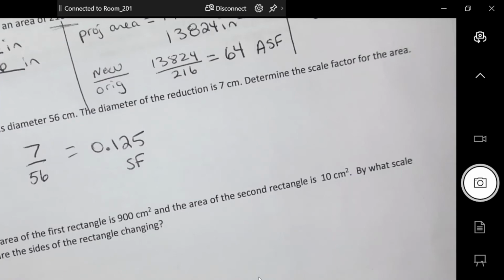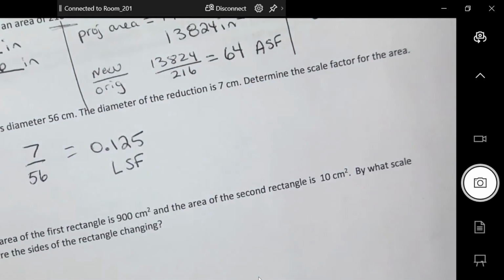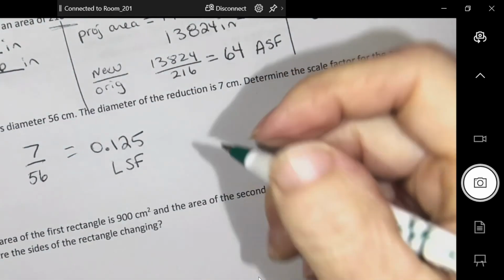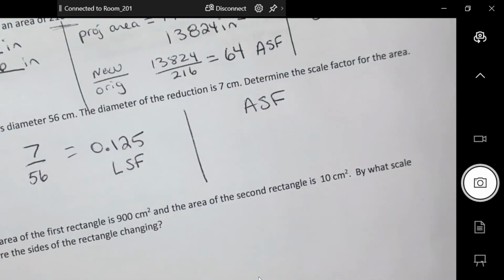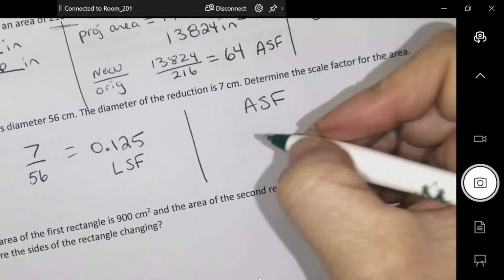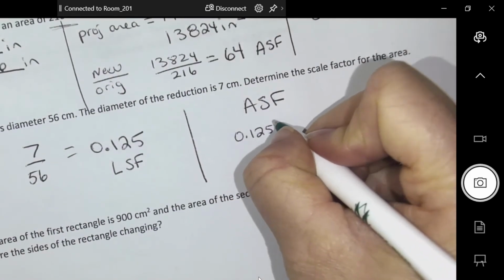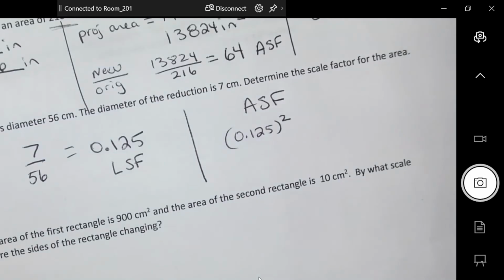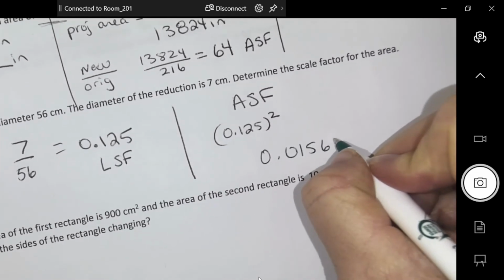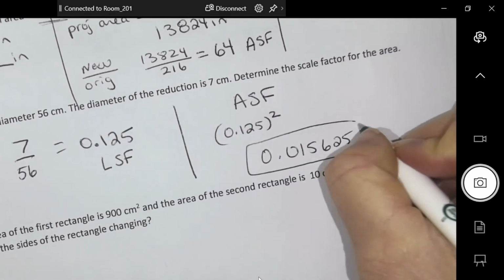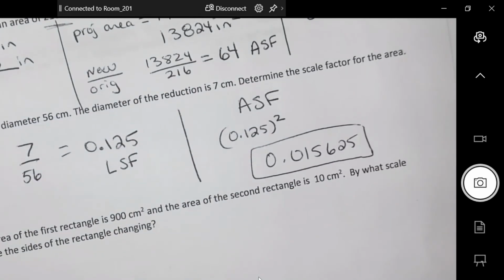Is it the linear, the area, or the volume? It's L because it's a diameter. A diameter is a linear measurement. So the area scale factor is what I want. So I would square that number. I don't know. I'm just going to write it all out because it did terminate, so.